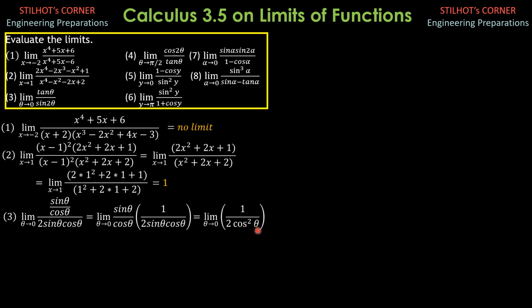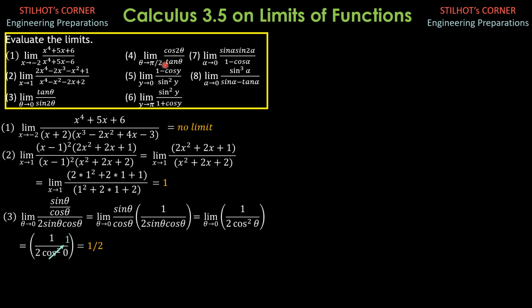The denominator does not approach 0, it approaches 1. So therefore, 1 over 2 times 1 square is 1 half. So 1 over 2 cosine square of 0. Cosine of 0 is 1, so 1 square is 1. So therefore, the limit is 1 half.